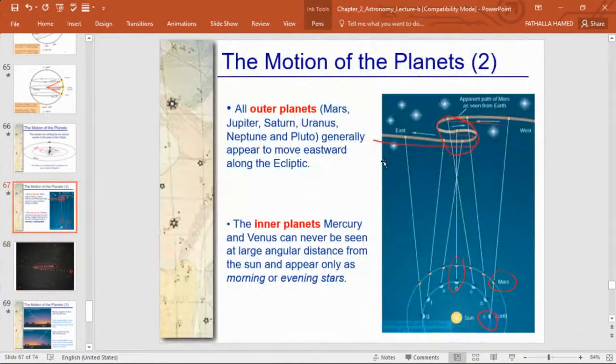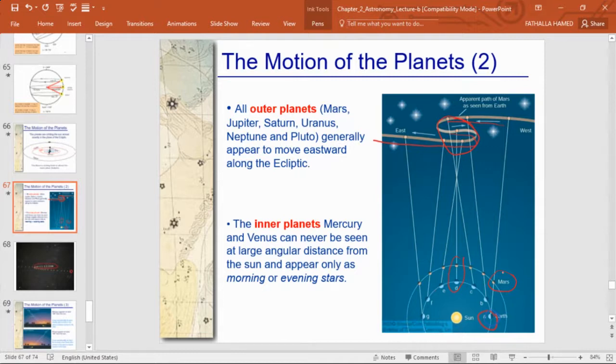Now we understand that this comes because of the differences of the velocity of the planets around the sun. So the Earth moves faster, and that's how you see it. If someone at Venus looked at the Earth, they may actually see the same effect.